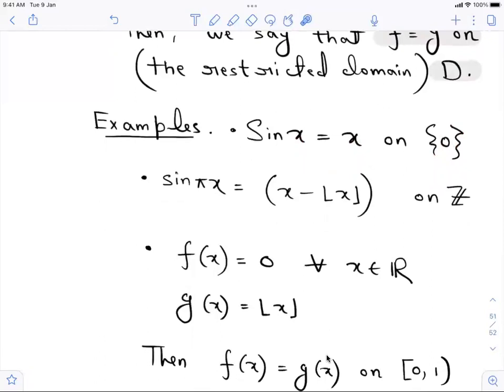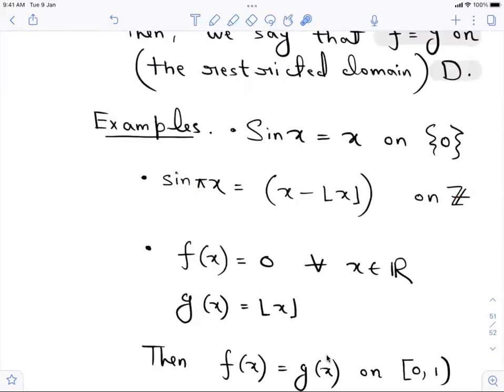So that's why I'm looking at two functions. The first function is sine of pi x, and the second function is the fractional part of x. So this is x minus floor x, the fractional part of x, if you recall from high school. Notice that on Z, both of them are identical. Both of them are basically 0. Sine of any integral multiple of pi is 0.